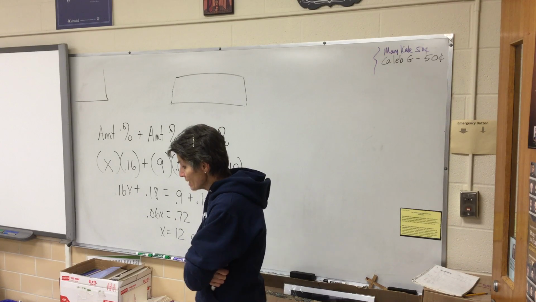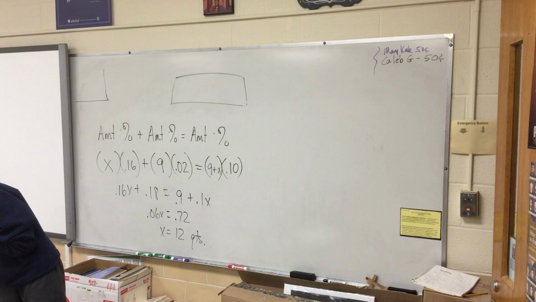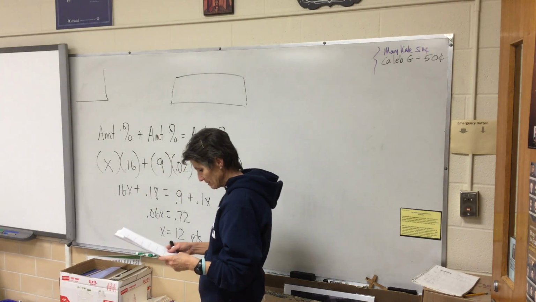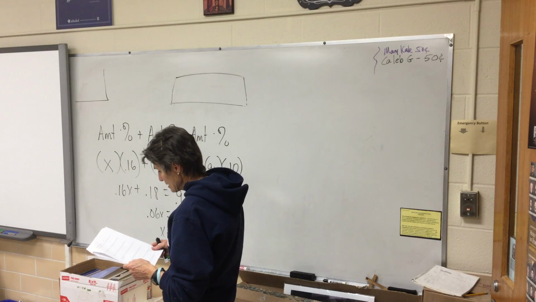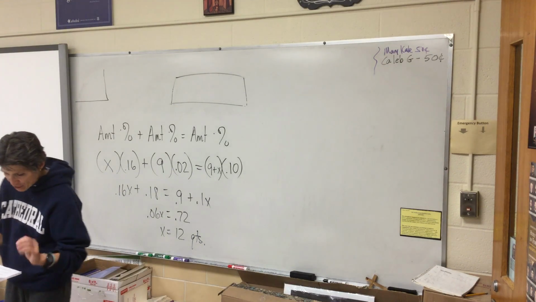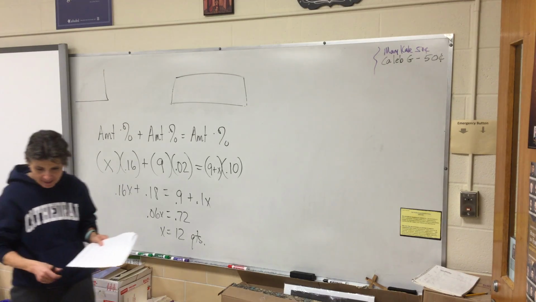All right, so now what I'd like you to do is go to the very next page, the last page of your notes. It is a bunch of word problems, 7 to be exact. So I'm just going to pick one, and you're all going to do it, and then we're going to come to a consensus about the answer.